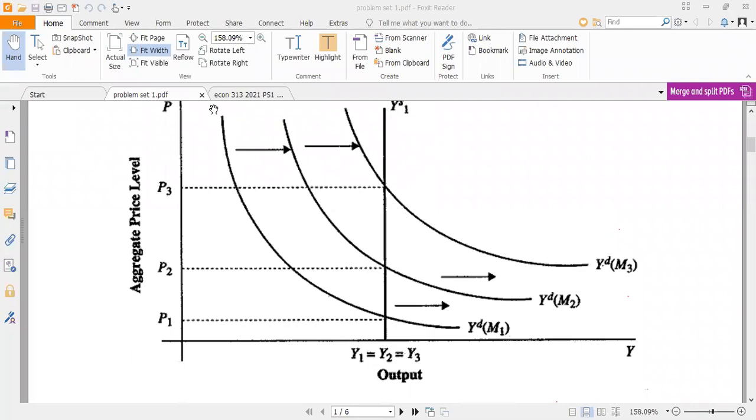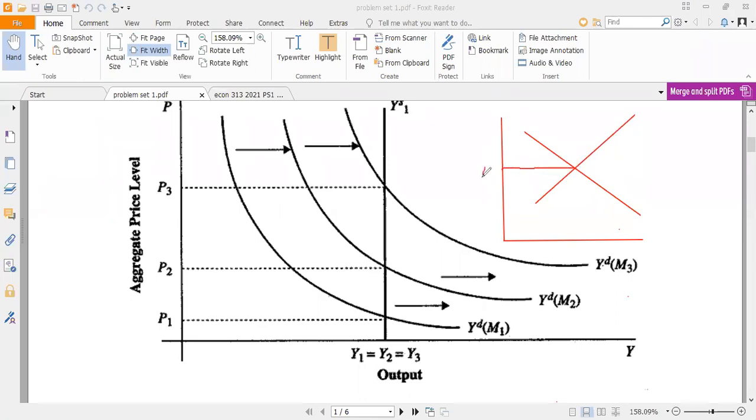Okay, let me just draw this. I don't know if you remember this diagram. When you go to the labor market, we are drawing the demand and the supply curves as a function of the nominal wage.